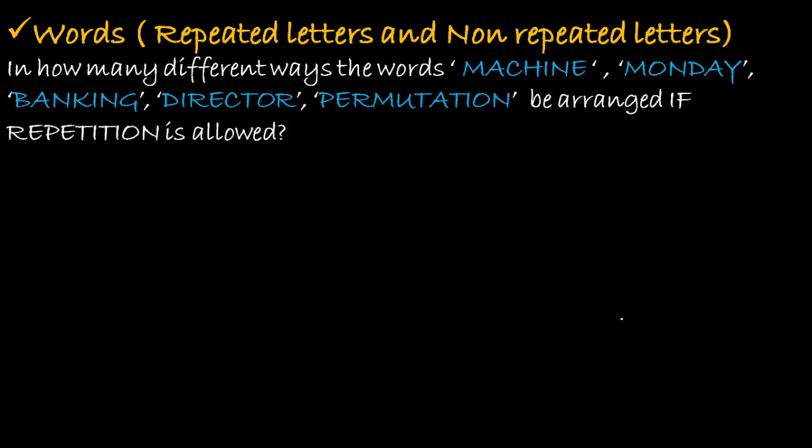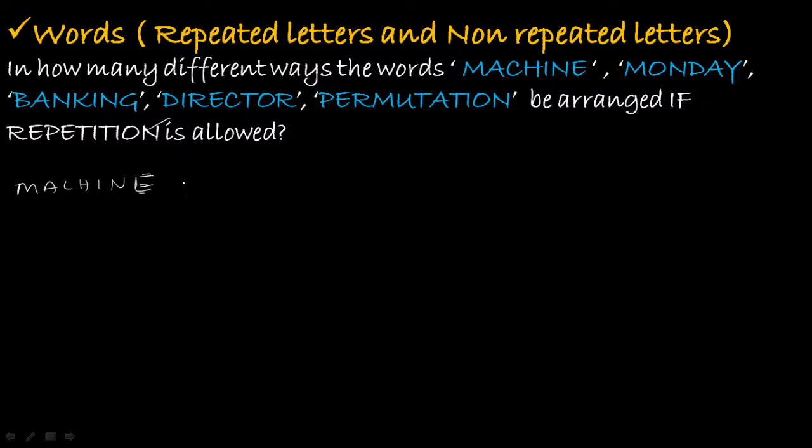So I am going to take all in a single problem. How many different ways can the words machine, Monday, banking, director and permutation be arranged if repetition is allowed? Let me first take machine, M-A-C-H-I-N-E.